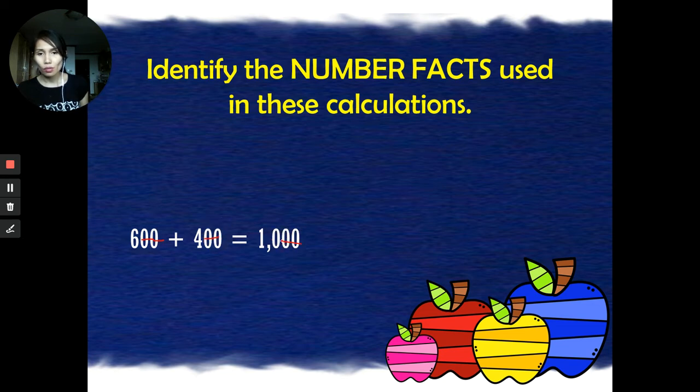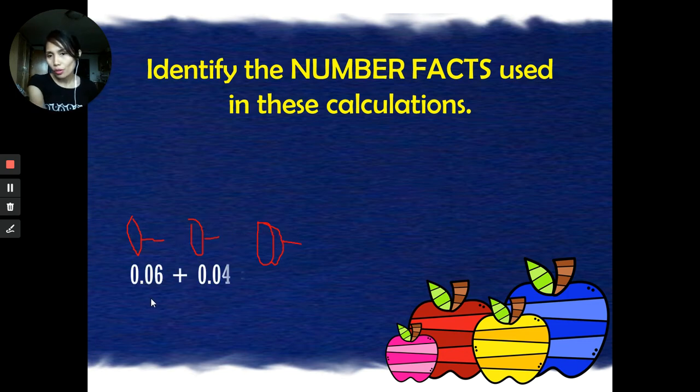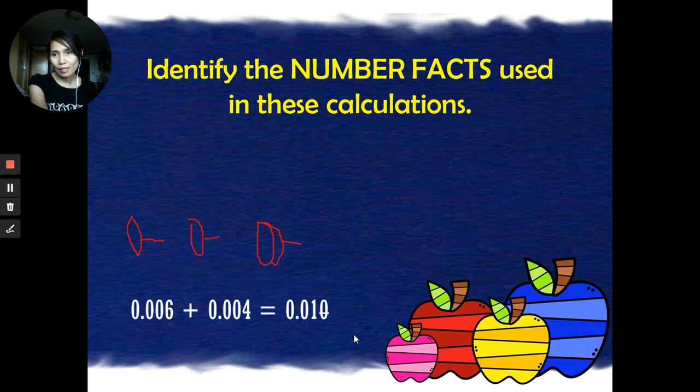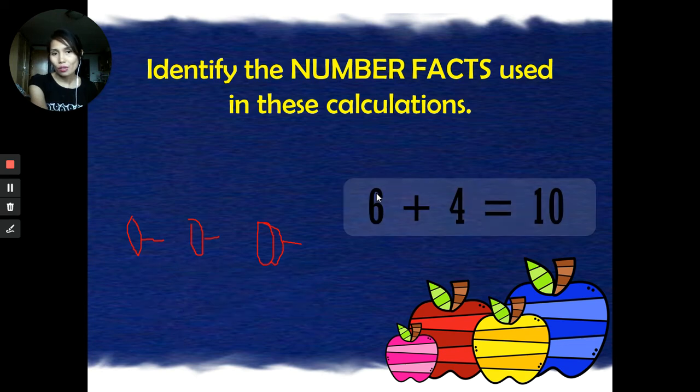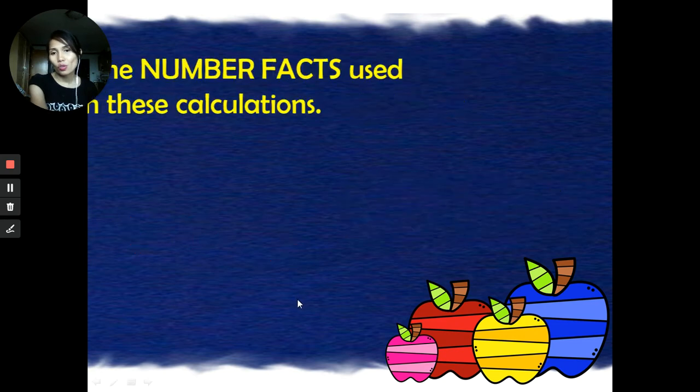Don't remove 3 zeros here. You remove 2 zeros. So that means the number facts being used are 6, 4, and 10. So 6 plus 4 is 10. That's the number fact being used in this calculation. Let's try another one.